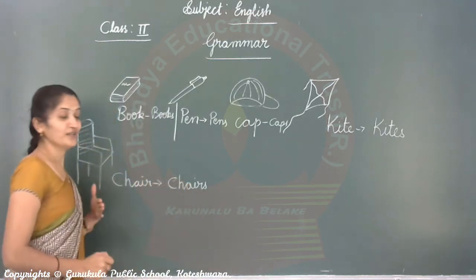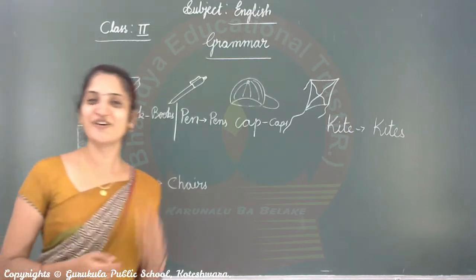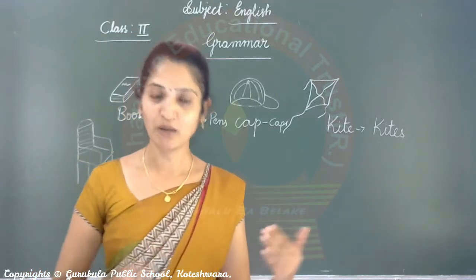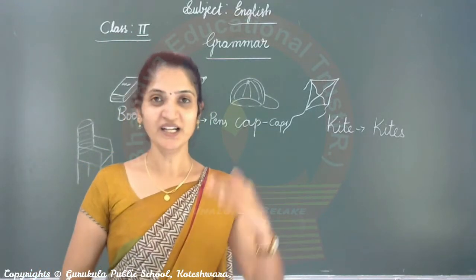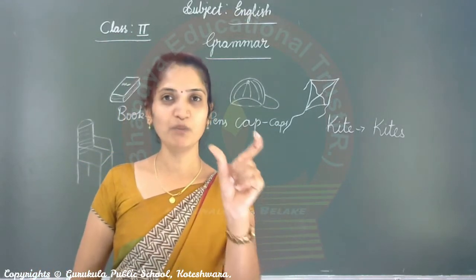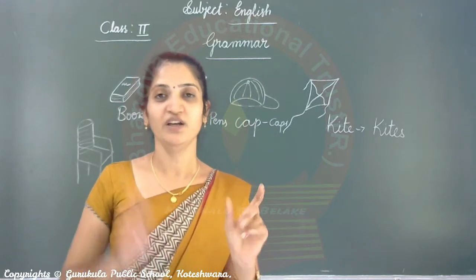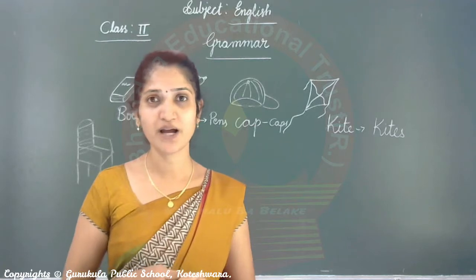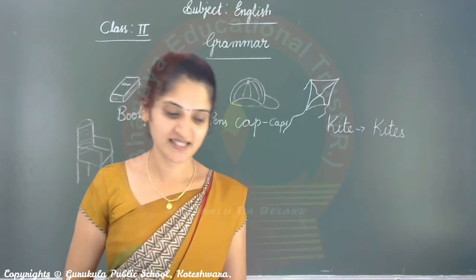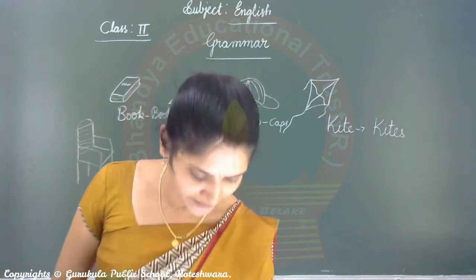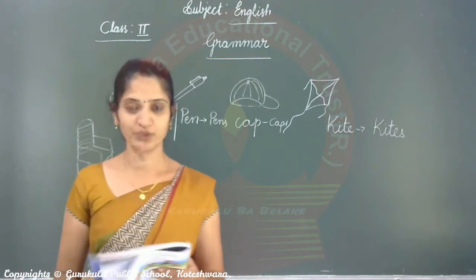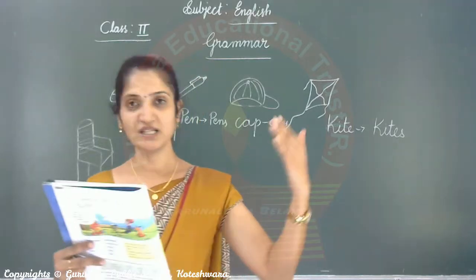Right? You already learned all these things in your previous class. One, more than one, right? If it is one thing, you point out only that one. If it is more than one, what is the change? Yes, just add S, right? Here, they gave the one and more than one concept for you.